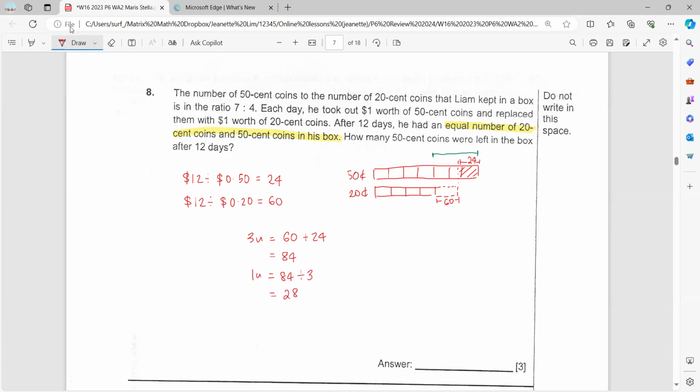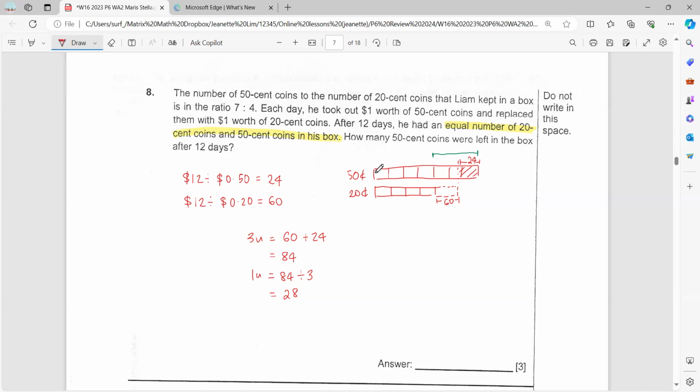What's the question? The question is asking for how many 20-cent coins were left at the end. So the number of 20-cent coins is the same as your 50-cent coins. You can find 4 units. Sorry, 50-cent coins. Let's find 7 units and then we minus off 24.